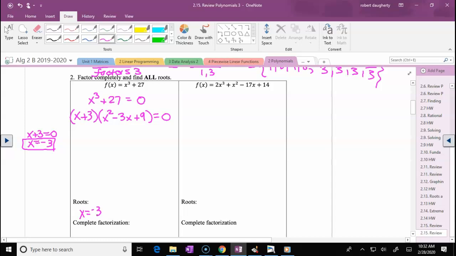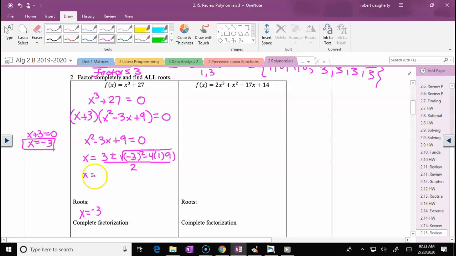And then the other roots come from x squared minus 3x plus 9 equals 0. This is the quadratic formula. x is equal to negative b plus or minus the square root of b squared minus 4ac, over 2a.